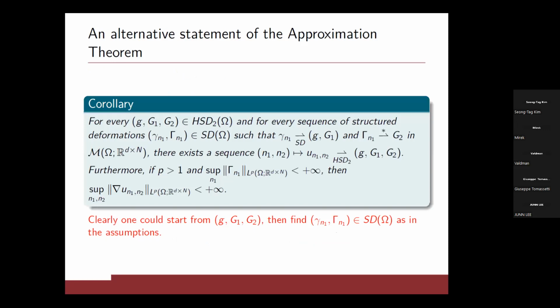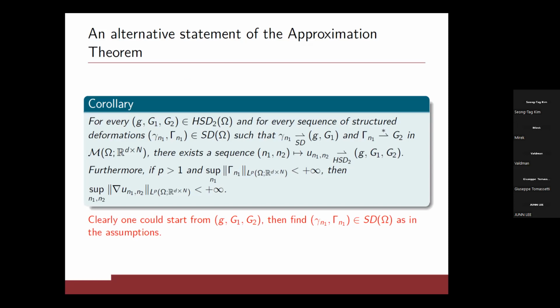Namely, you can consider the triple little g, G1 and G2 as a hierarchical system with three levels, and you can see the following.